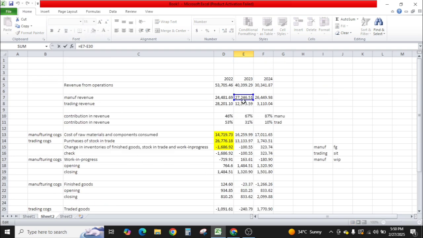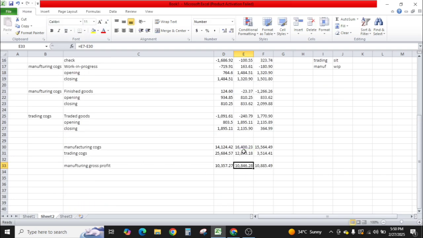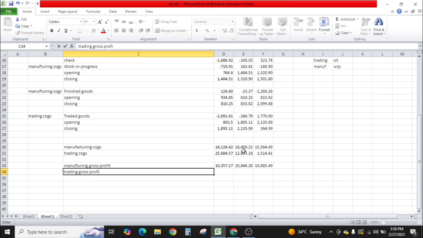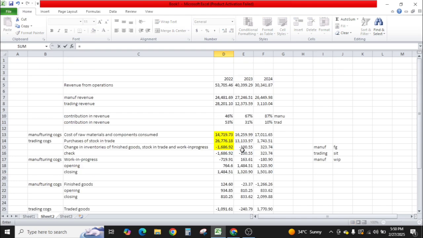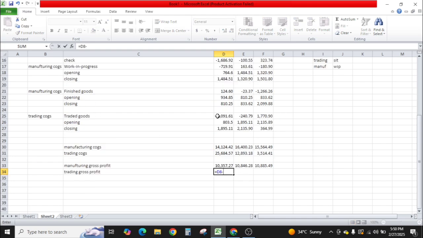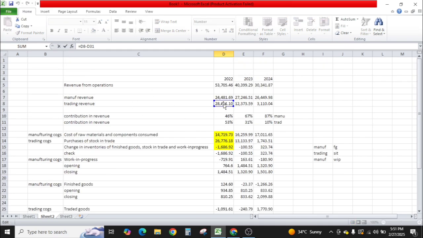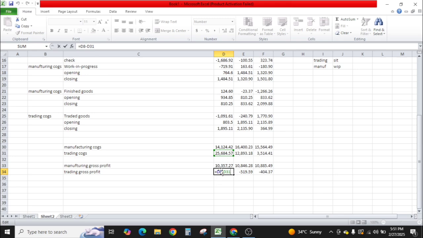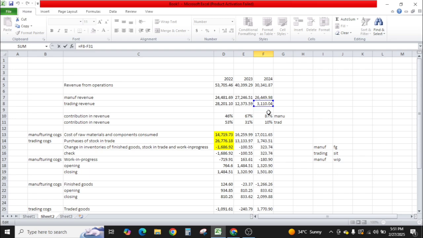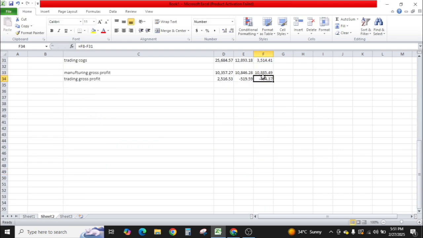And trading gross profit will be trading revenue minus trading COGS, which is this. So this is gross profit of trading and manufacturing both.